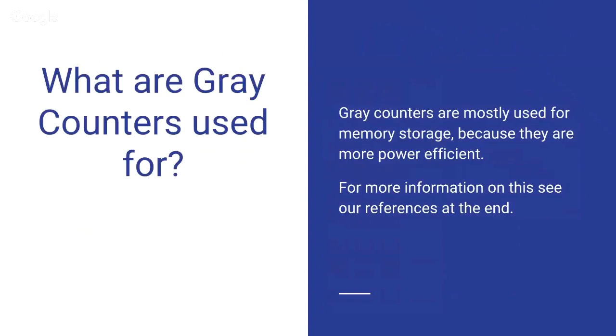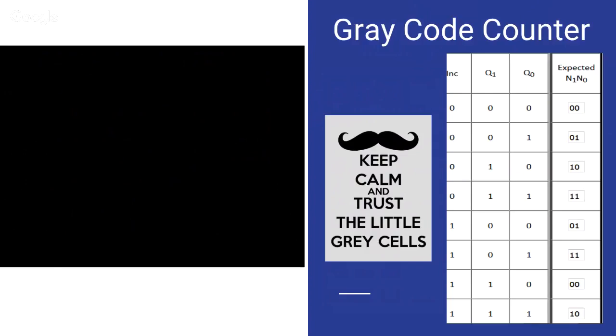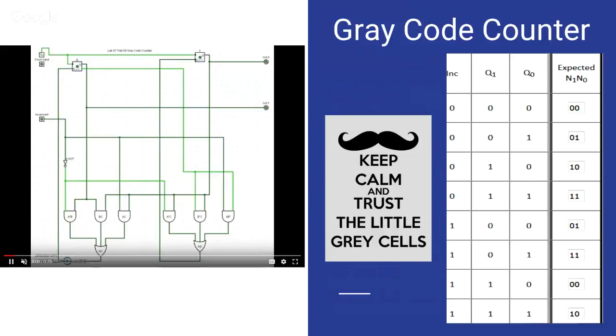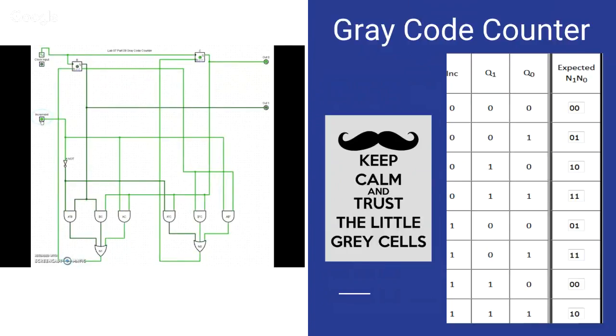Now let's discuss gray counters. The gray counter is also on a rising edge clock, but as the transition table on the right shows, it is counting in gray code. Again, this is often used in memory because it is more power efficient. The reason for this is because it takes less power to transition between one change in the queues.